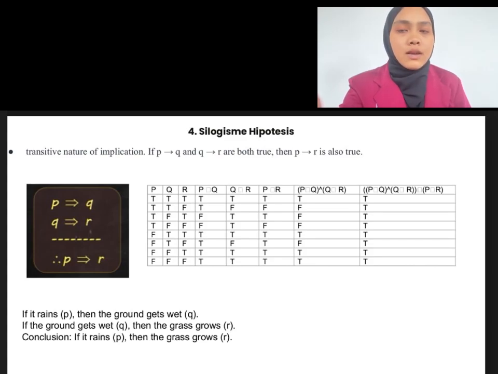For another example, if a student studies hard as P, then they get a good grade as Q. If they get a good grade as Q, then they can enter their dream university as R. So the conclusion is, if a student studies hard, then they can enter their dream university.